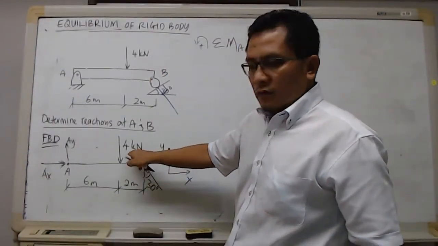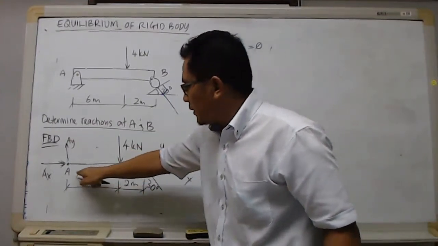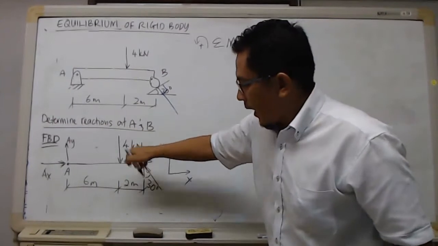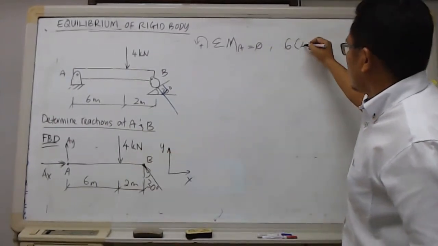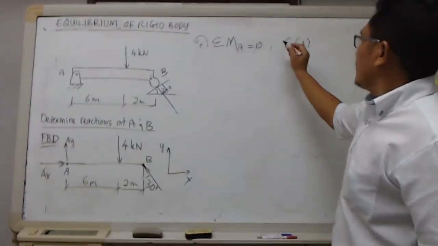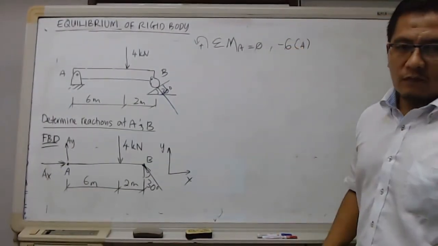So having that one by one, do not look here, look at here. So look at the force 4 kilonewtons downward. The distance is 6, times 4. But because it's turning clockwise, it becomes negative.